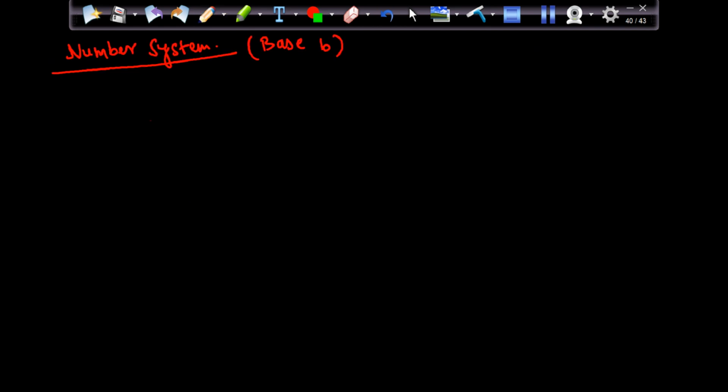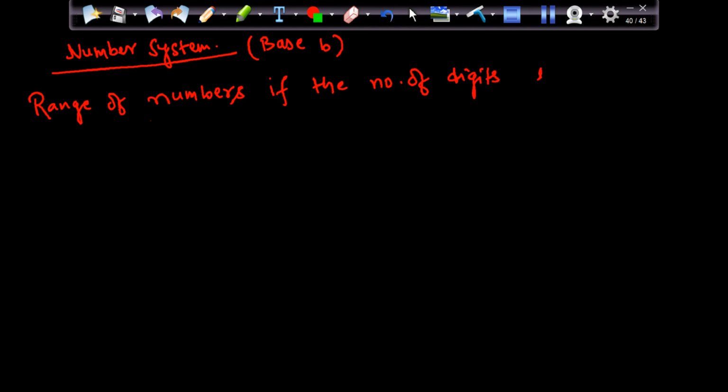If you have any number system of base b, what is the range of numbers if the number of digits is n? So the number of digits is n.